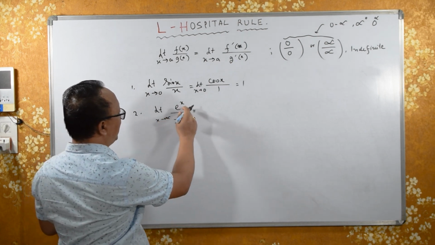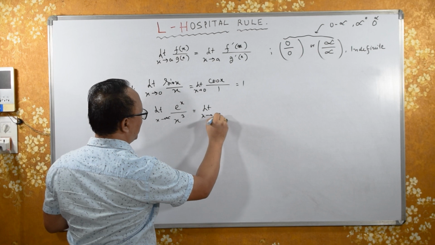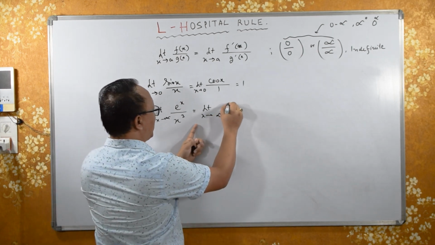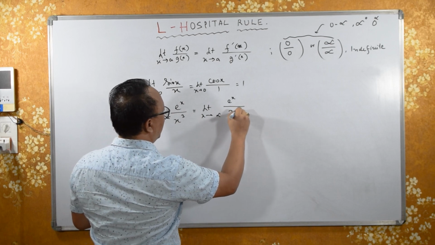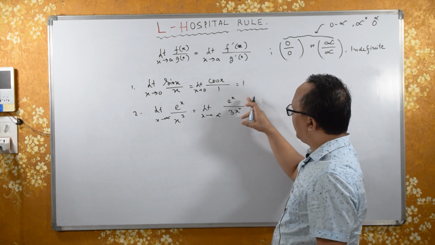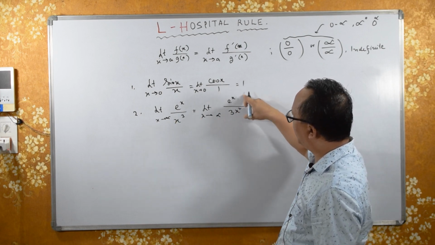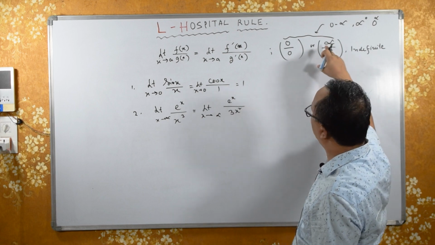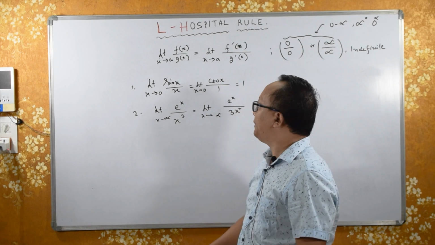Differentiating, e raised to x gives e raised to x, and the differentiation of x cube is 3x squared. Again, when x tends to infinity, the numerator as well as the denominator is still of the form infinity upon infinity, so we can differentiate once again.